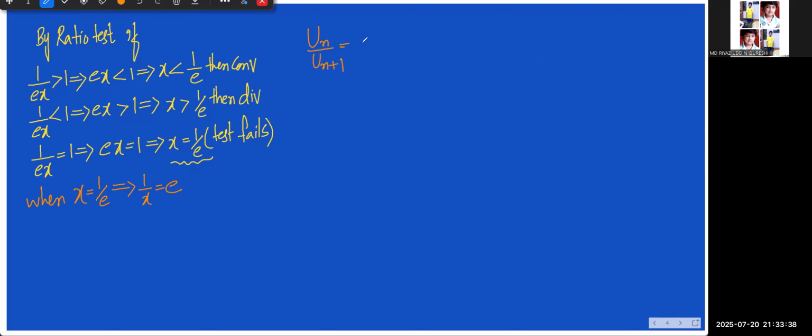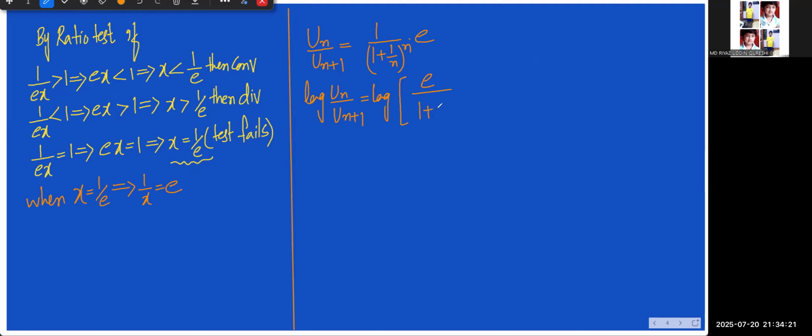Be careful. Is equal to 1 by (1 plus 1 by n) raised to the power of n into 1 by x की वैल्यू आ गई e. Now taking log on both sides. Okay, taking log on both sides. log of u_n by u_{n+1} value is equal to log of e by (1 plus 1 by n) raised to the power of n.